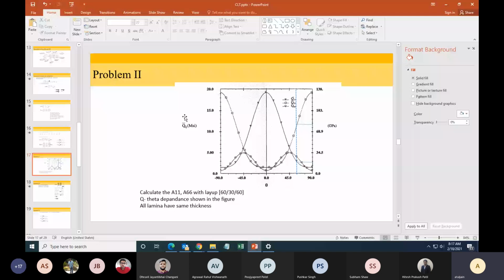So for 60, A11 value comes out to be, if this is 34.5, 1, 2, 3, 4, so roughly 7. So 14 into 2 plus 75. Something like close to 30 gigapascal into T.